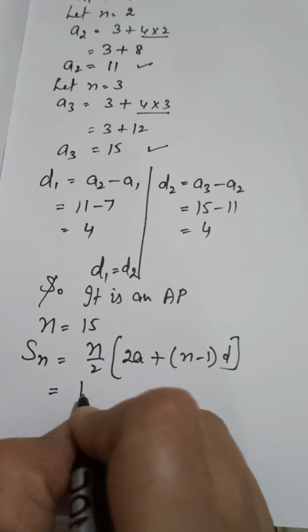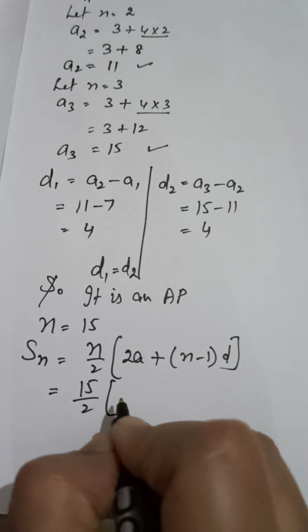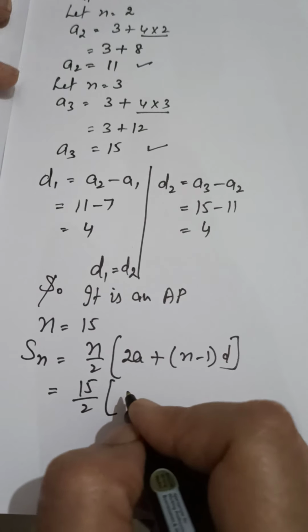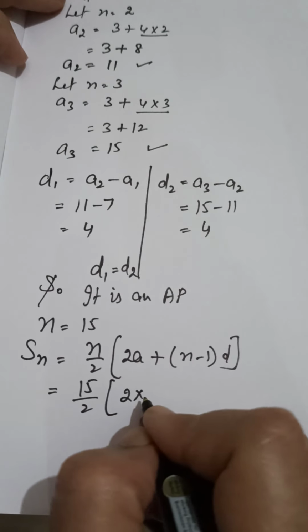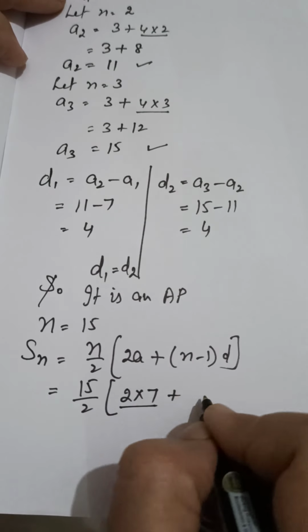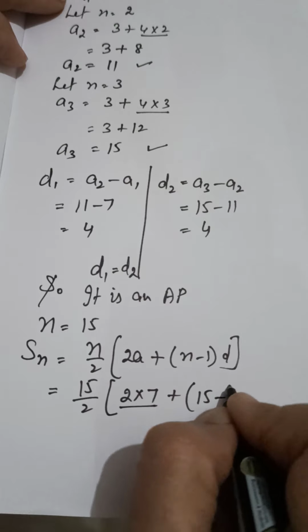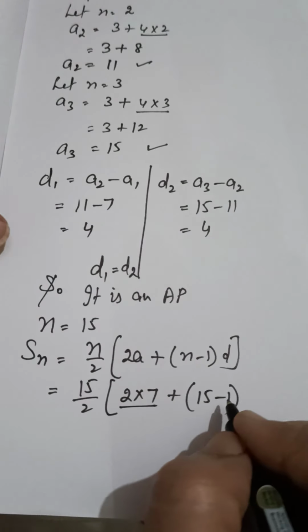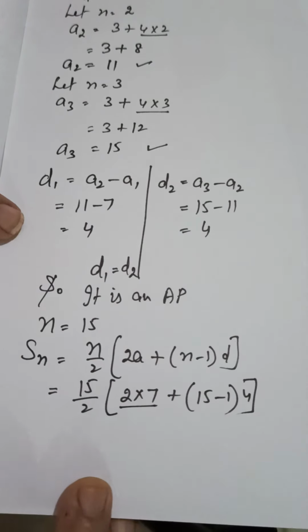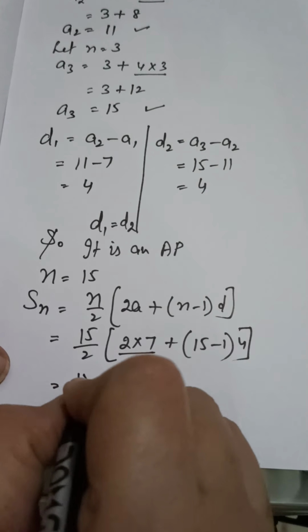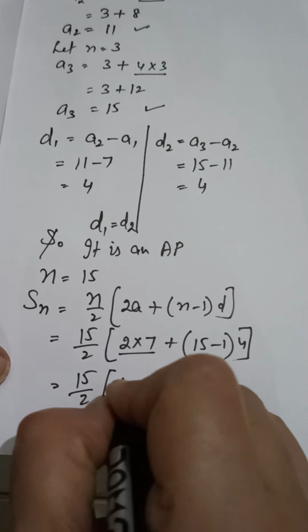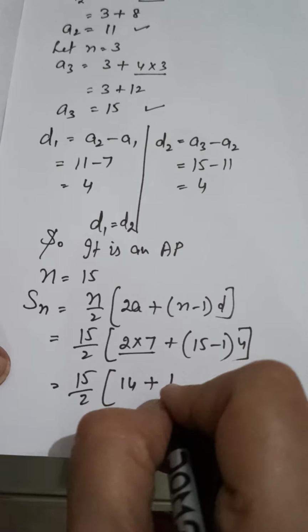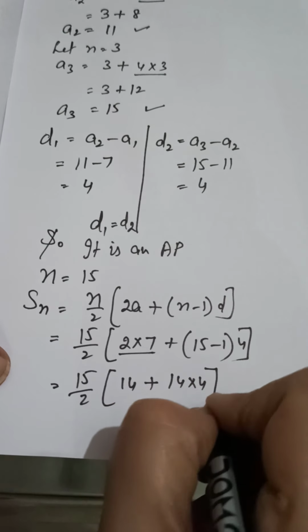It is equal to 15 upon 2, 2a, where the value of a is 7, plus n minus 1, 15 minus 1, and d we have found out is 4. It is 15 upon 2, 14 plus 14 multiplied by 4.